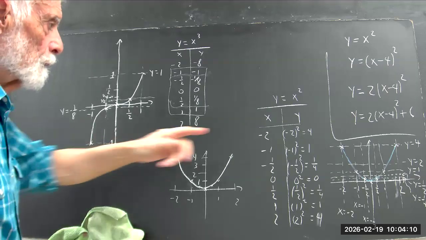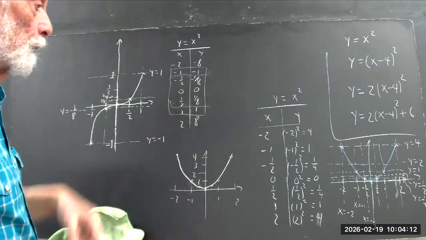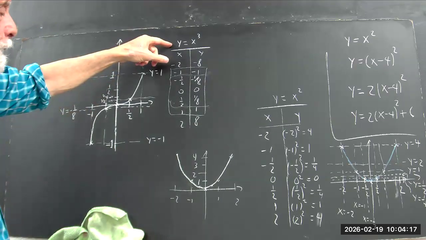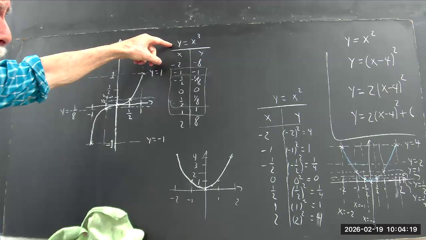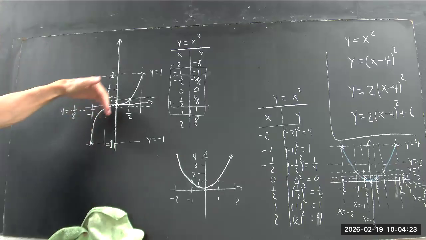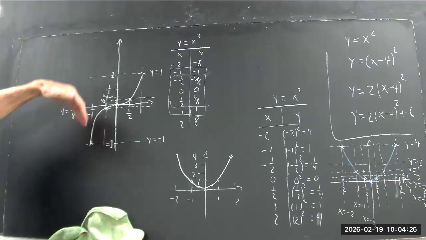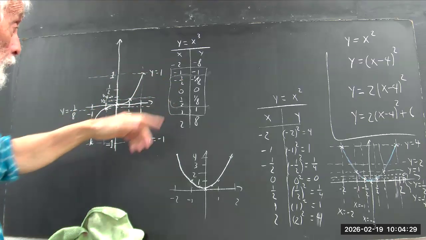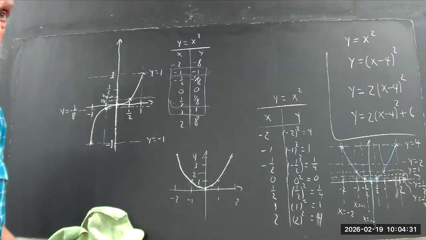Comparing the squaring function to the cubing function, you see two things. The cubing function, since you're taking the third power, a third power of a negative number is negative, so the graph to the left of the y-axis is below the x-axis. To the right of the y-axis, it's above the x-axis.